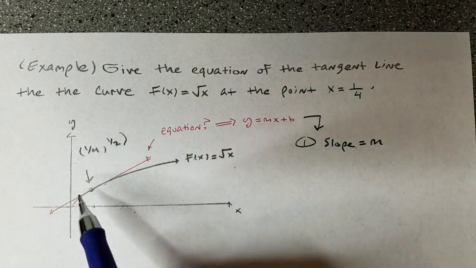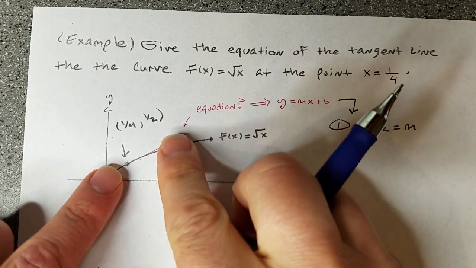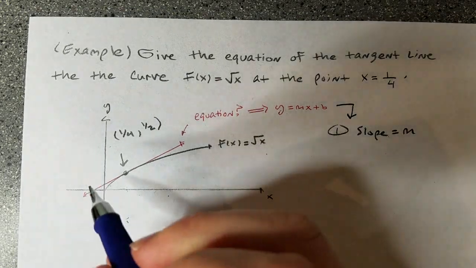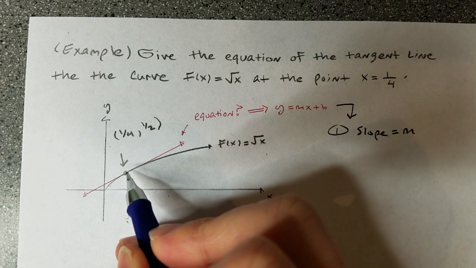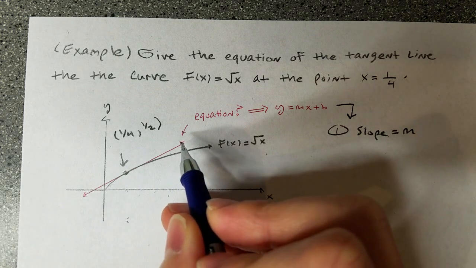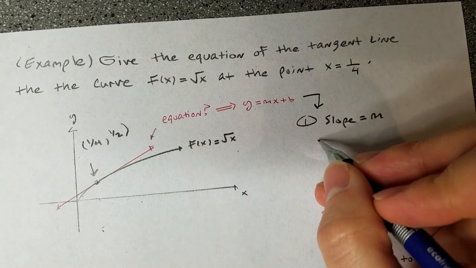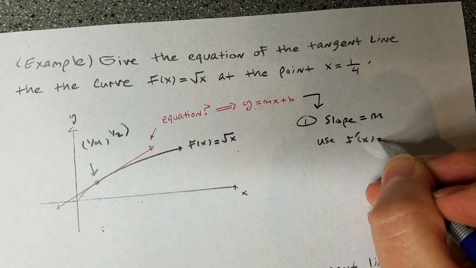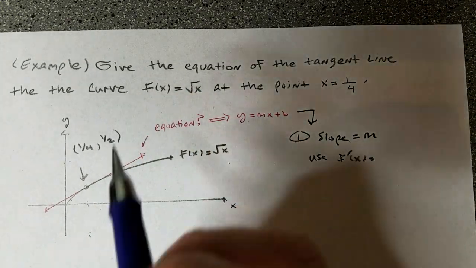How would you find the slope of the tangent line? Didn't we say that the slope of the tangent line was the same thing as the slope of the curve? Yeah, they're the same. However steep the curve is at this point is how steep that tangent line is. So we can use the derivative. Now, in another problem earlier in this video, I gave you the derivative.